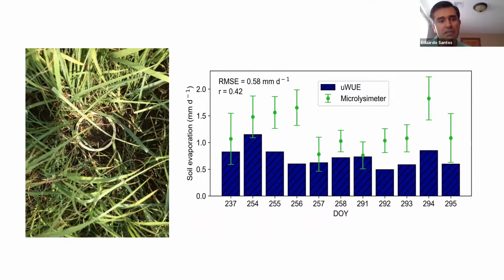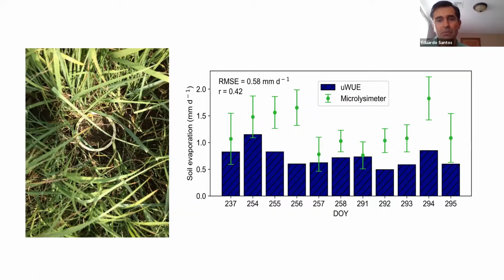What we did was set up several microlysimeters on the site. This is a PVC pipe: we extract the pipe, seal the bottom, and every day go there and measure the mass of that core, and the change in mass is related to the evapotranspiration.